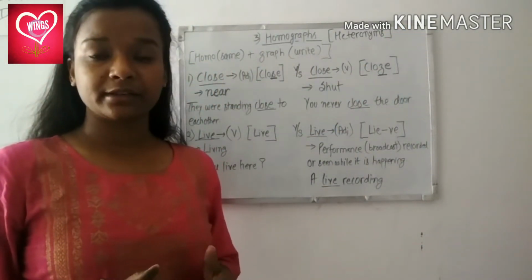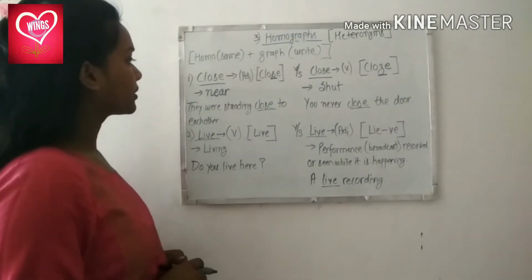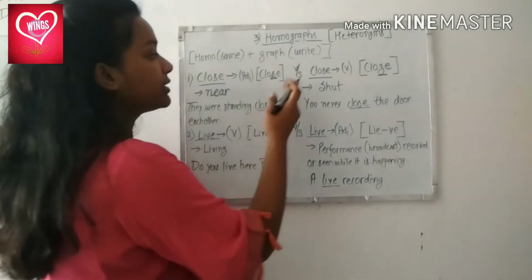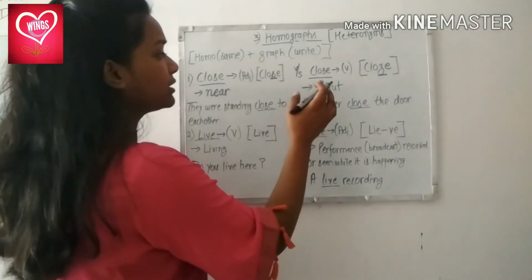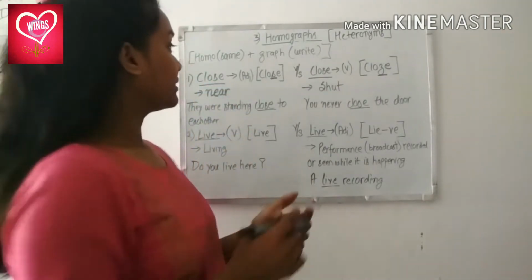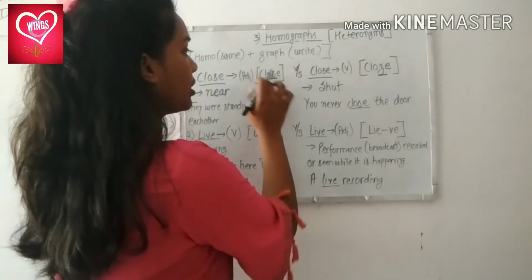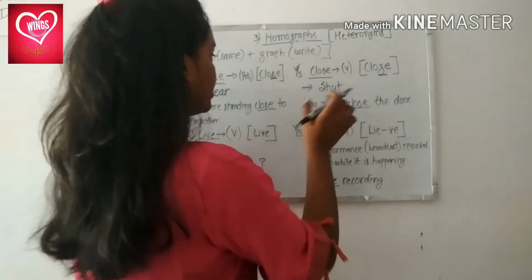Now let's get to examples. Close versus close. The first close and the second close. In this box I am showing its pronunciation, okay?